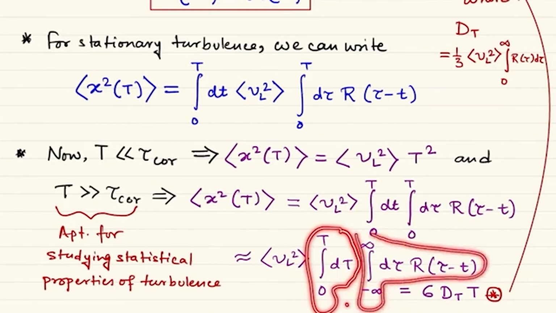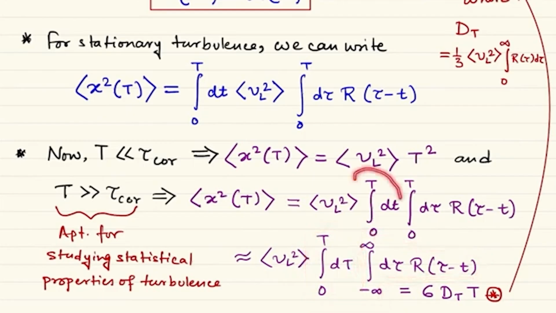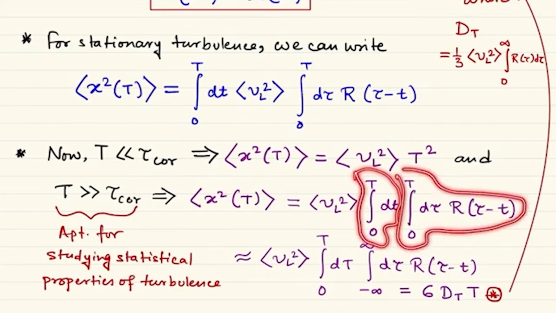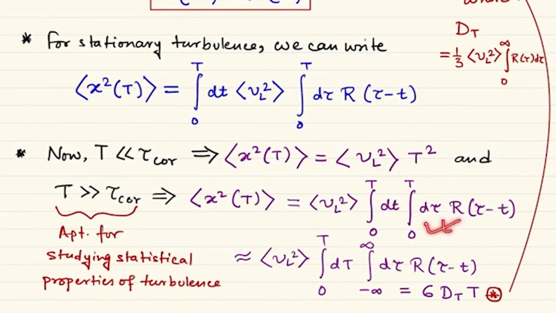So practically these two integrations have become uncoupled here. I am just saying that this integration does not have a very strong t dependence. Once this is integrated over tau, this is already done.